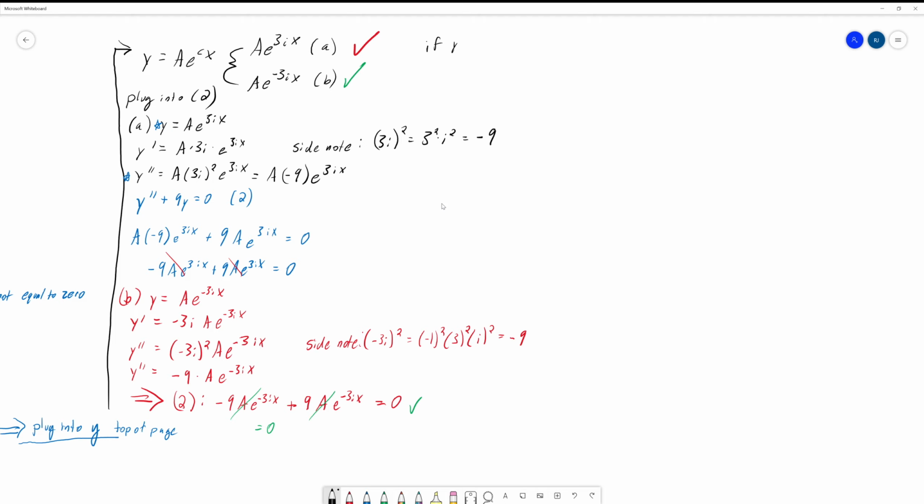If y equals A is a solution and y equals B is a solution, then A plus B is also a solution.